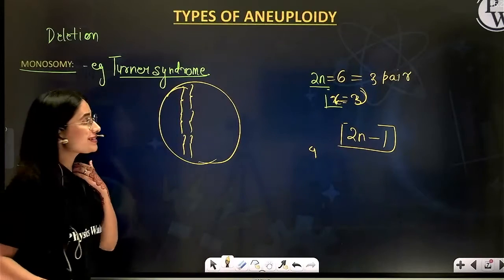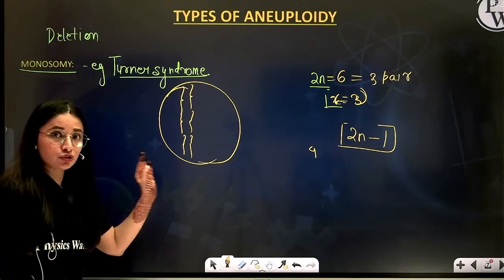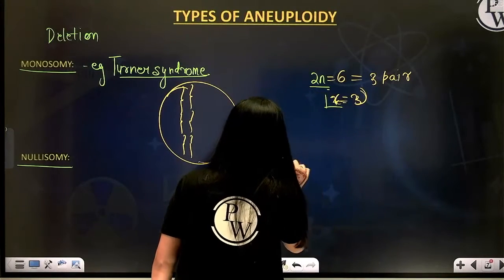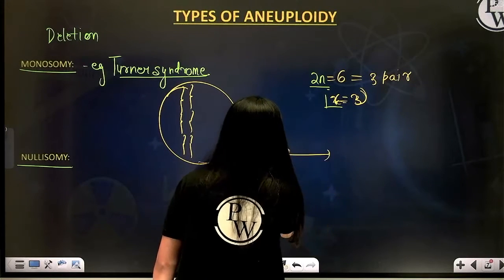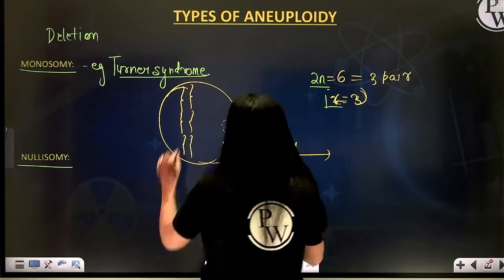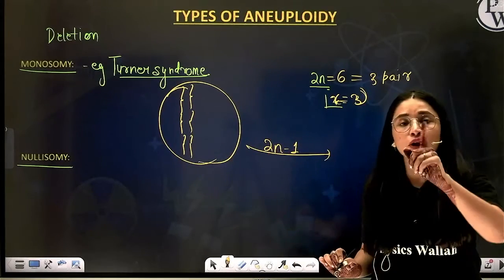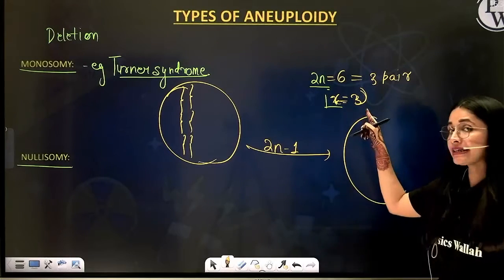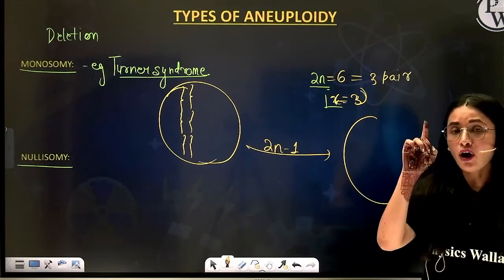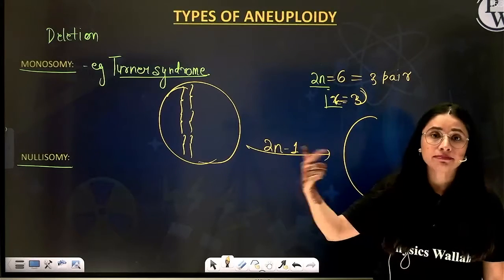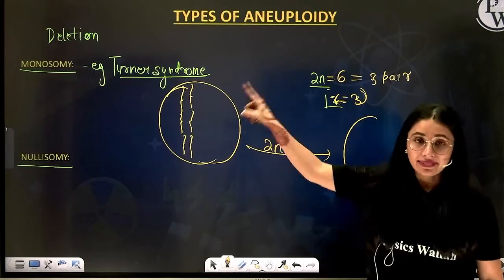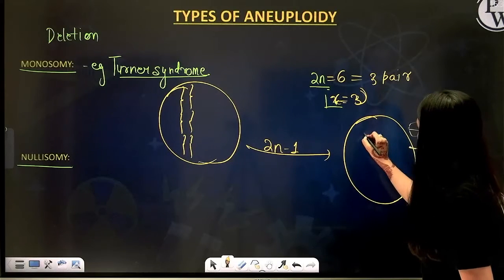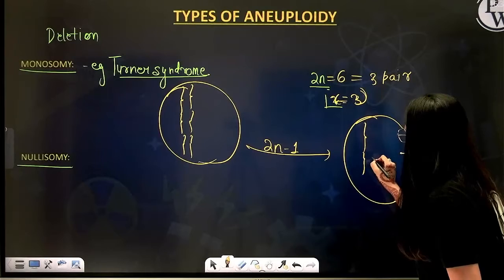So this is a basic set, normal condition. 2n is equal to 6. If now beta, if monosomy occurs, the condition will become 2n minus 1. Any one of the chromosomes from any set will get deleted. So the basic set is 3, but the deletion is of one chromosome. So is it in multiples of the basic set? No. That is why it is aneuploidy type of mutation. Now this is the new condition.